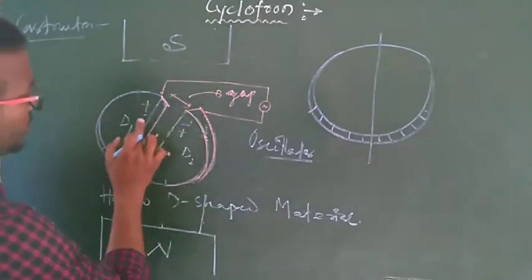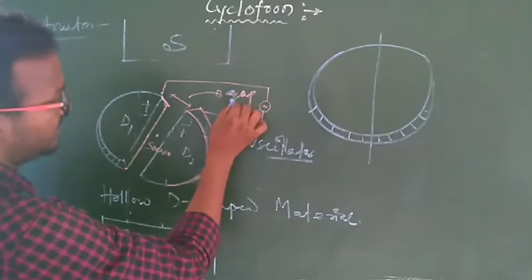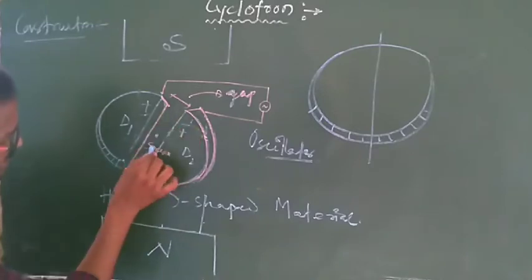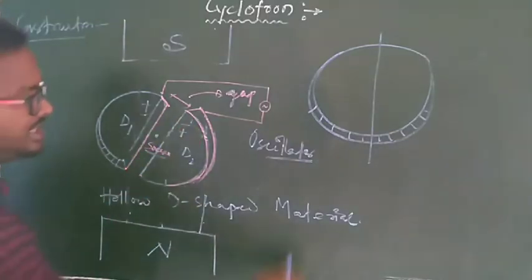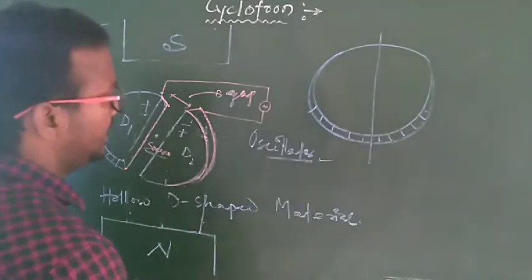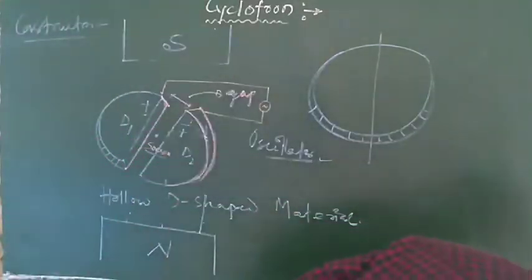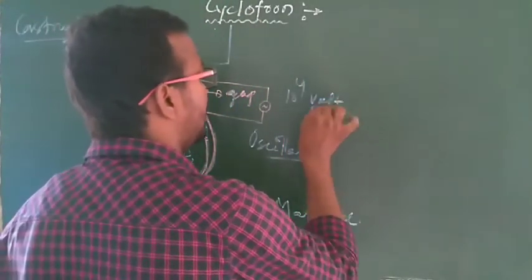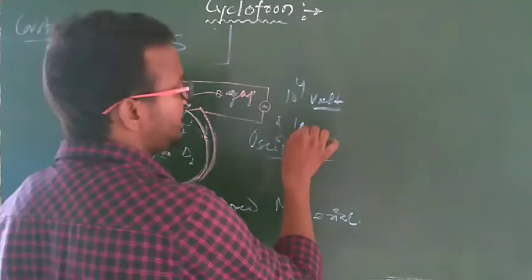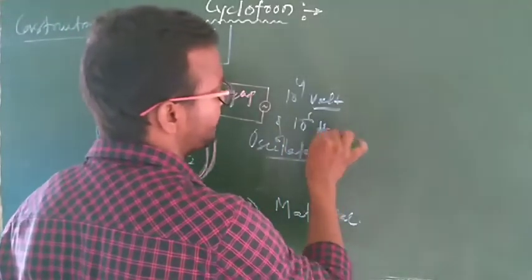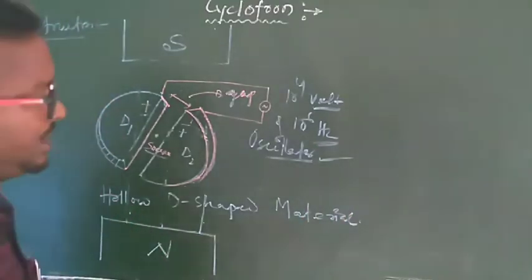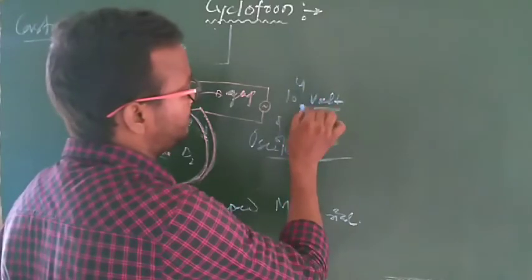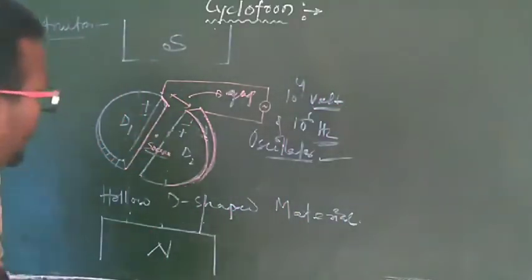The separation between the two D's is a very small gap, and there is a space where we place a source, and this is the oscillator. It provides a potential equal to 10 to the power 4 volt and a frequency of nearly 10 to the power 6 hertz. Clear?